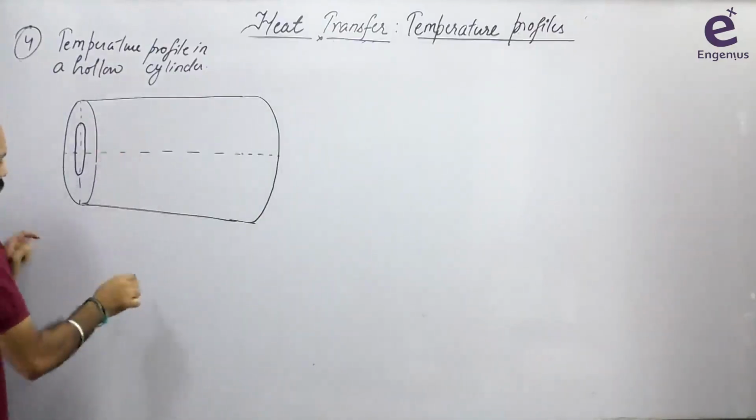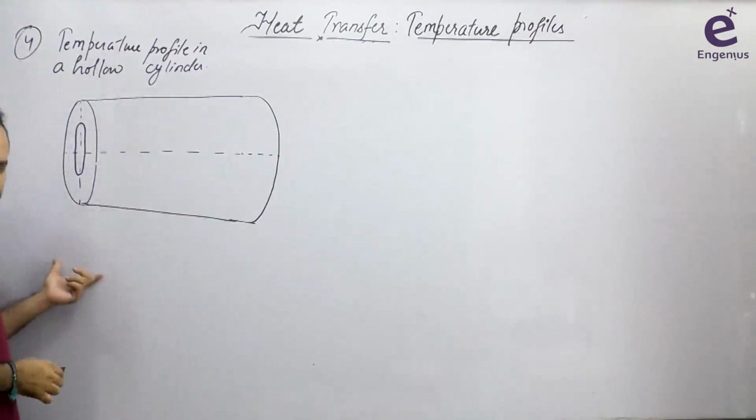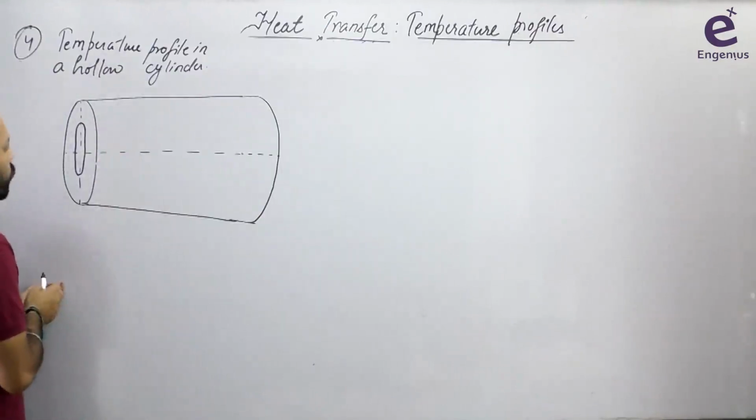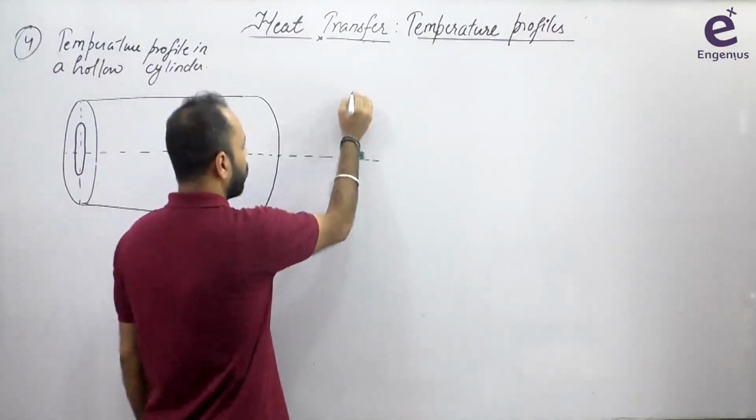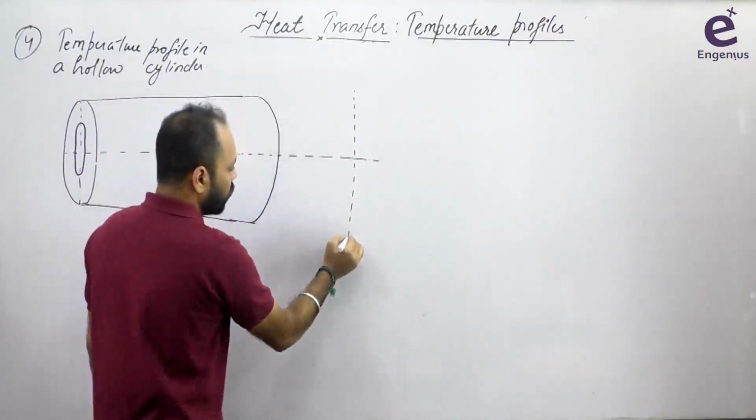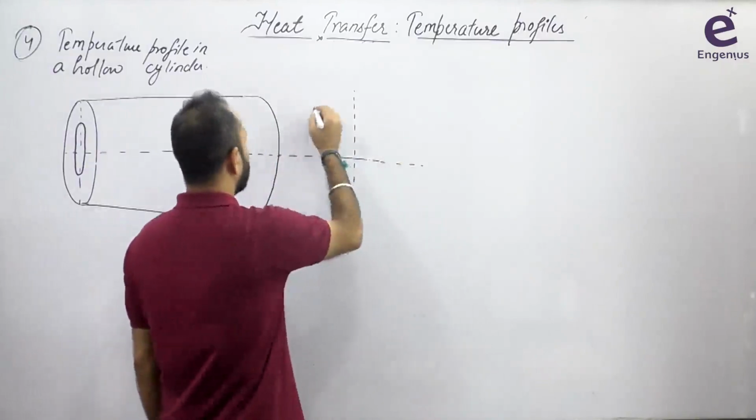If you see the cross section view, it will be a circle. ठीक है, अगर आप इसका cross section view बनाते हो, let's make this here only. The cross section will be circular.